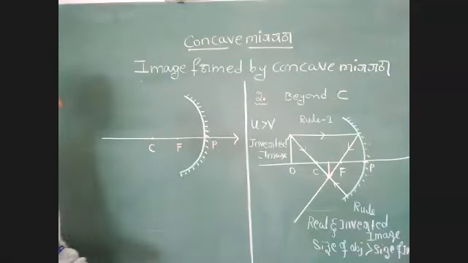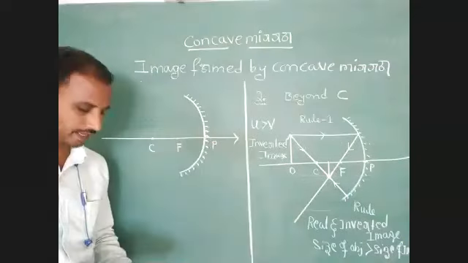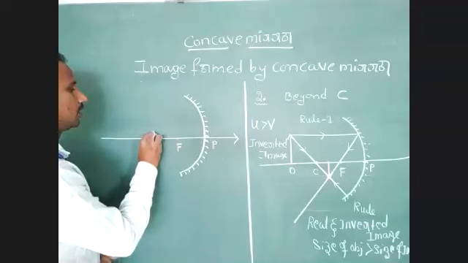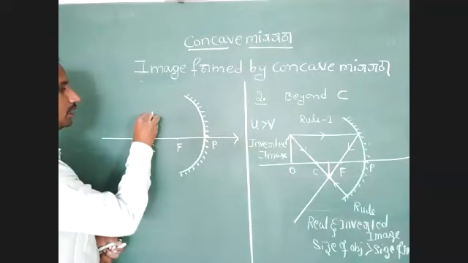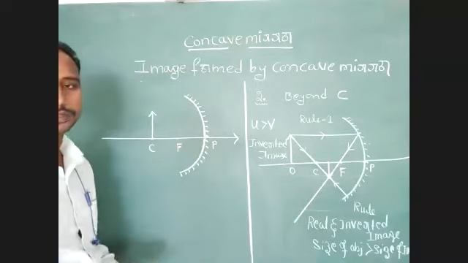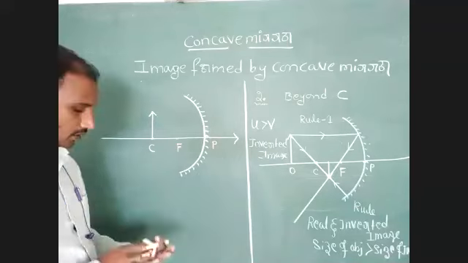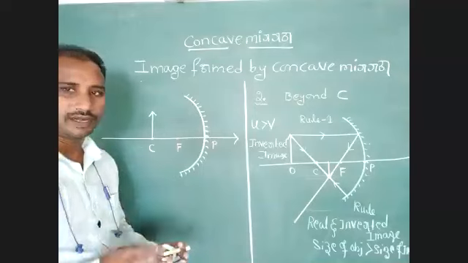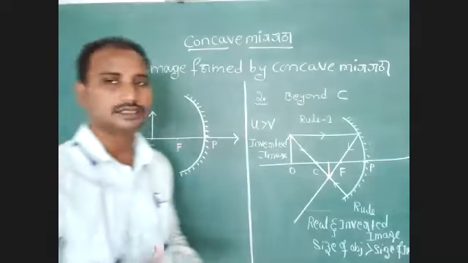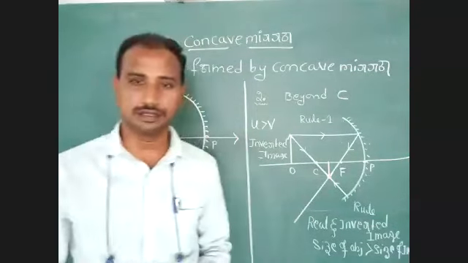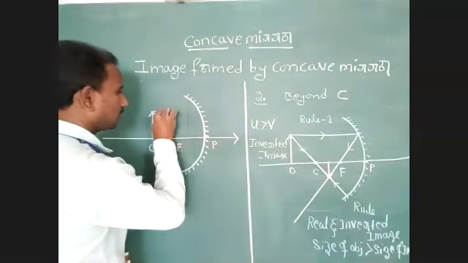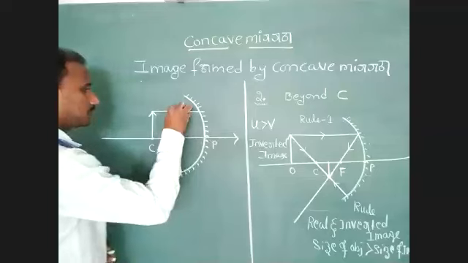First, we consider the position of an object exactly at the center of curvature. This object can produce light in all directions, but we only consider two marginal rays. One marginal ray is parallel to the principal axis.